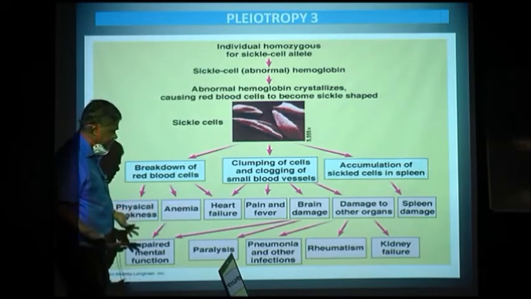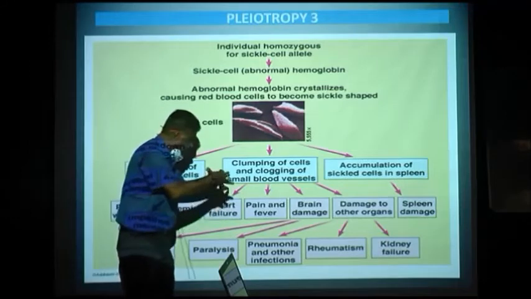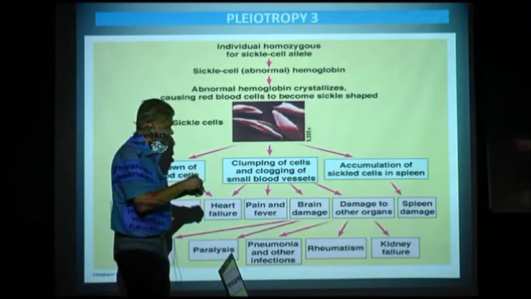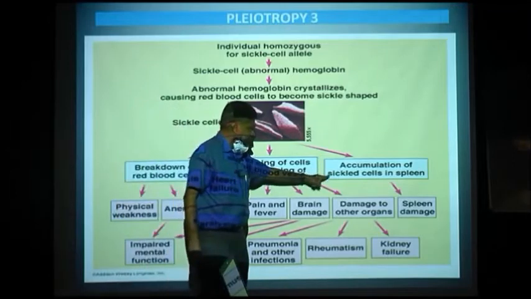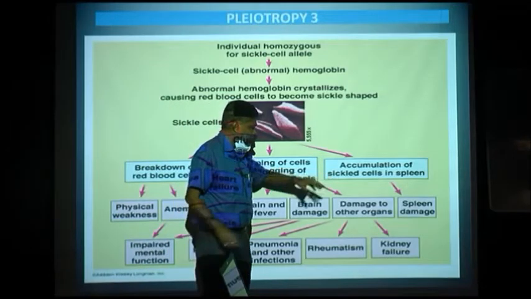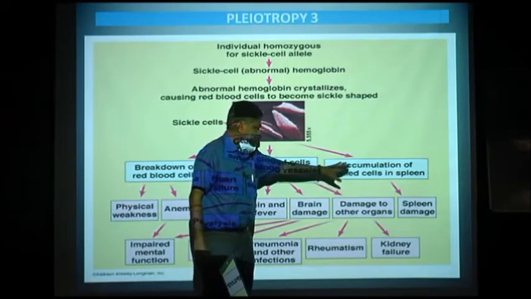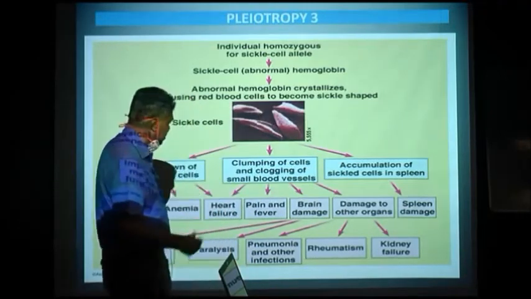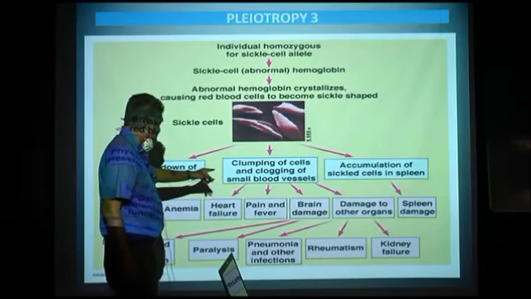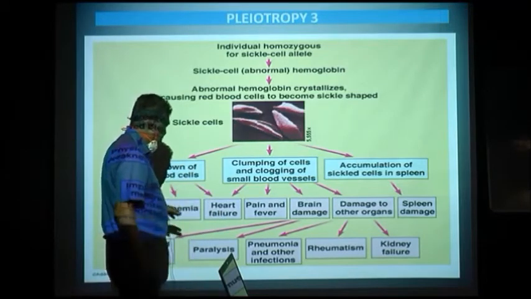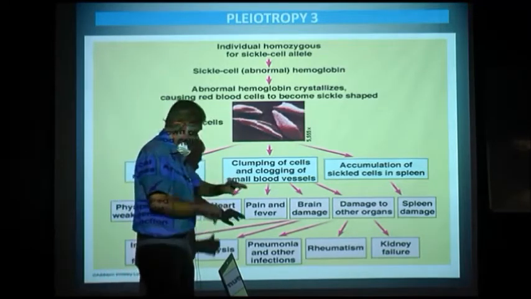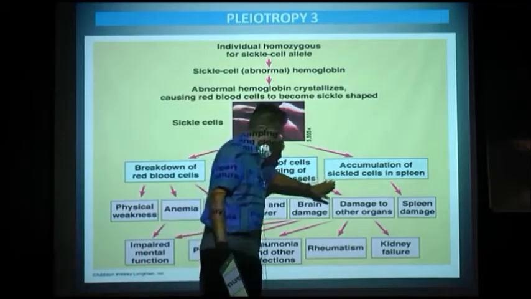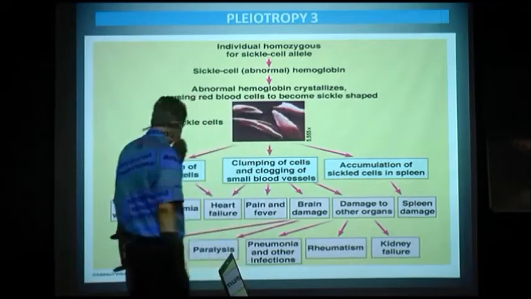Red blood cells break down or they clog together and block the small vessels, or the sickle cells accumulate in the spleen. Spleen is a body organ, you know it. Now, either they break down, or they clog the blood vessels, or they accumulate in the spleen.